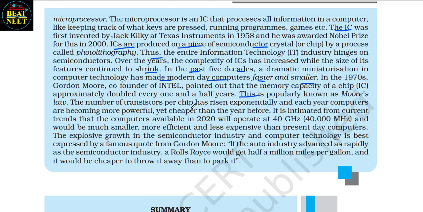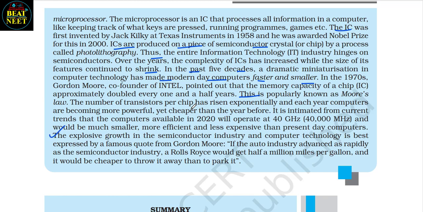The number of transistors per chip has risen exponentially, and each year computers are becoming more powerful yet cheaper than the year before. It is inferred from current trends that the computers available in 2020 will operate at 40 gigahertz, that is 40,000 megahertz, and would be much smaller, more efficient and less expensive than present-day computers.